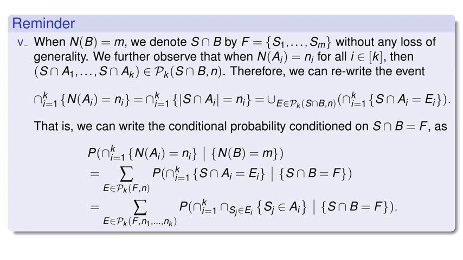This is the sum over E in script P_k of F n of the probability of the intersection from i equals 1 to k of S intersect A_i equals E_i, given S intersect B equals F. This in turn is the sum over E in script P_k of F with partition sizes n1 to nk of the probability of the intersection from i equals 1 to k, and for all S_j in E_i, that S_j is in A_i given S intersect B equals F.